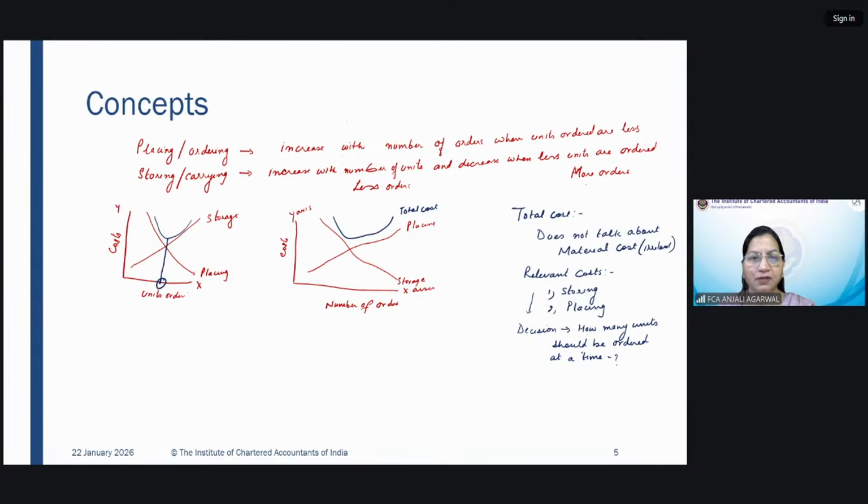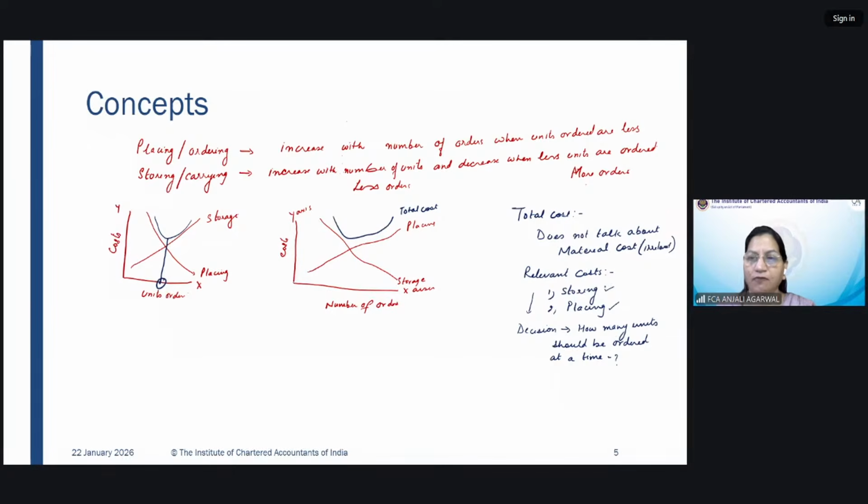And the raw material cost remains the same whether you order 1 unit at a time or you order 12,000 units altogether. The raw material cost remains 100. Therefore, that becomes irrelevant in our decision, and we consider only the storing cost and placing cost.